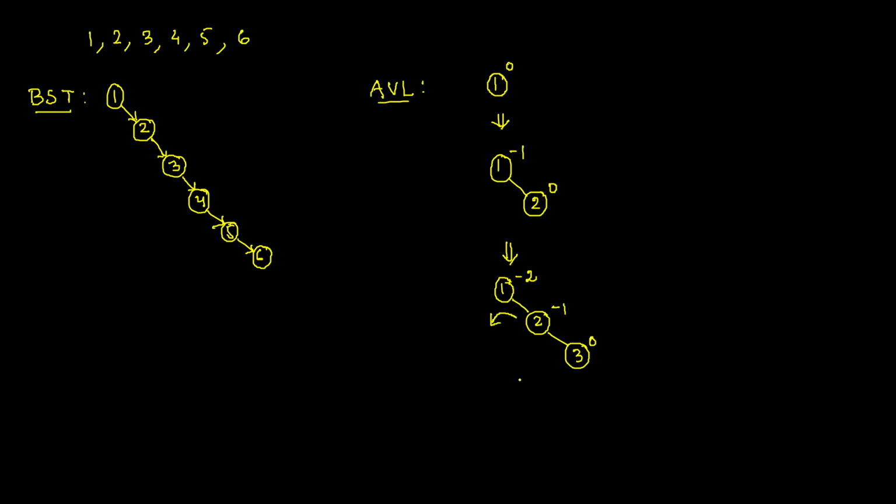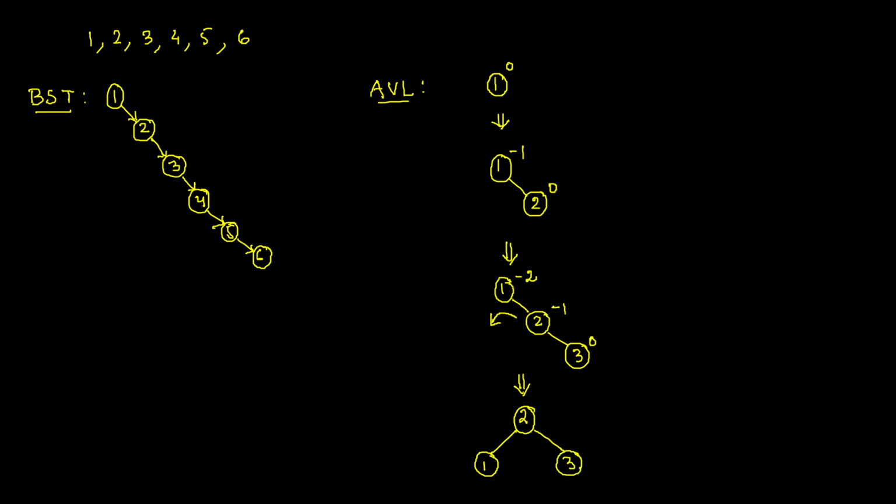That means 1 will come down, and 2 will go up, as well as 3 will go up. So the new formation will be 2 as the root, whose left side contains 1 and whose right side contains 3.